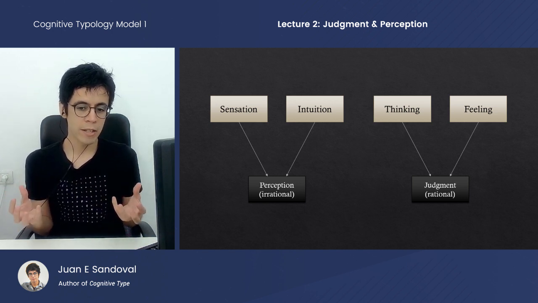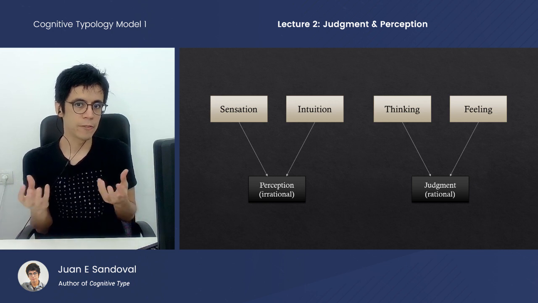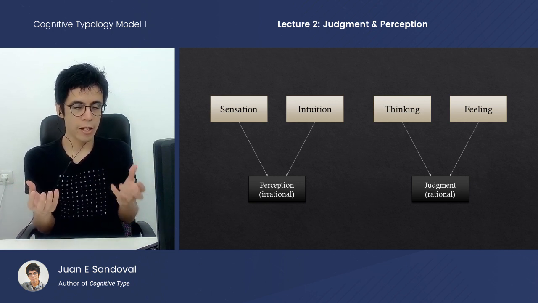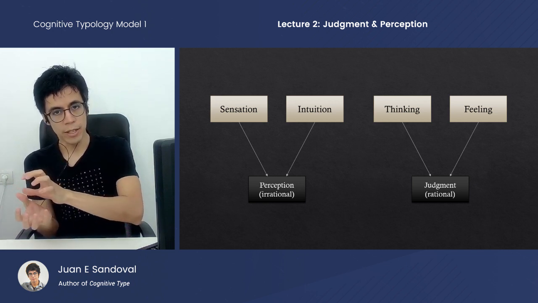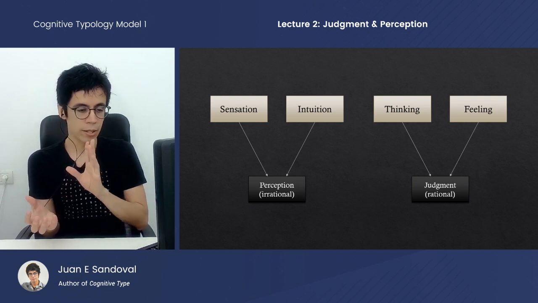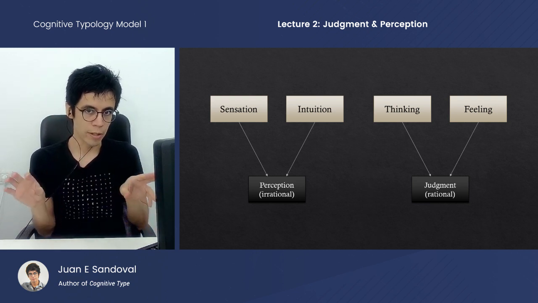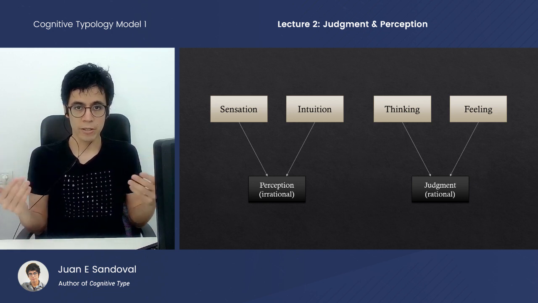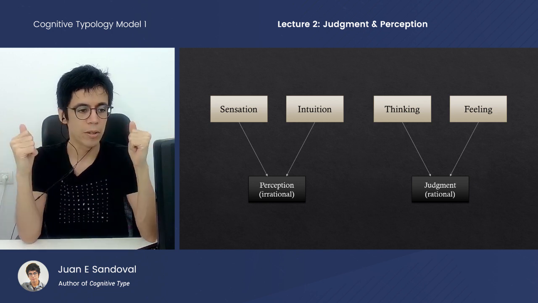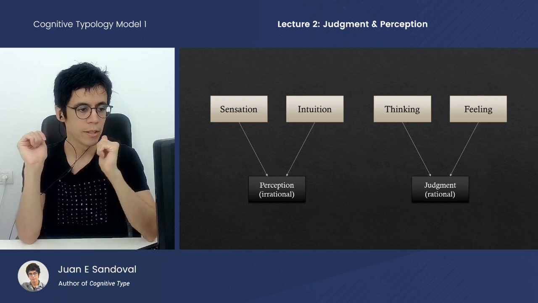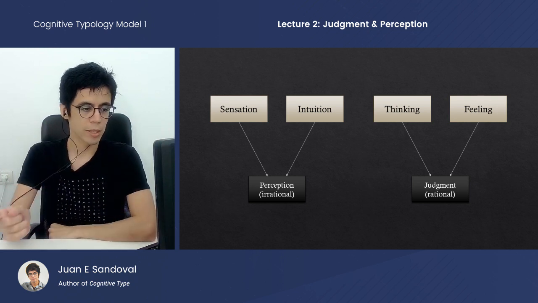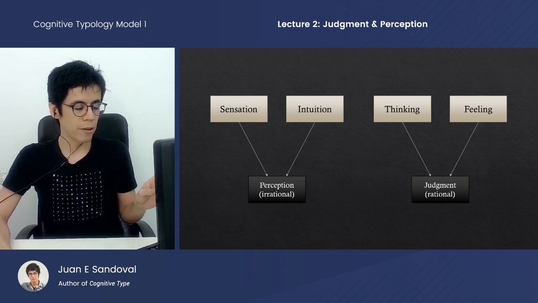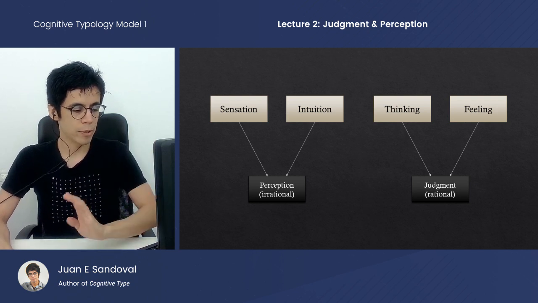And Jung did use language that differentiated the two, and he allotted thinking to intellect, which I disagree with, and we'll get into that later, because I think both are based on intellect and they just have different ontologies to them that they register. But I'll get into that more later as we make some refinements to his concepts. But for now, let's just say this is how he put it together.